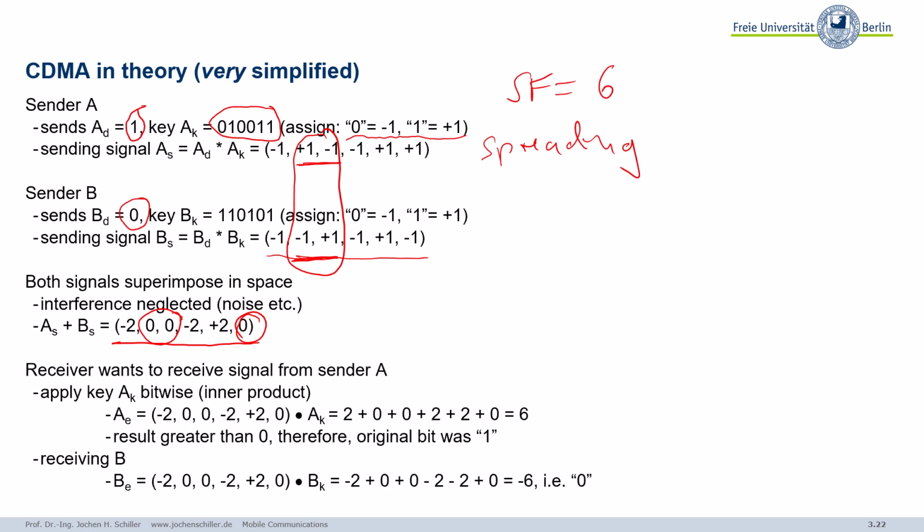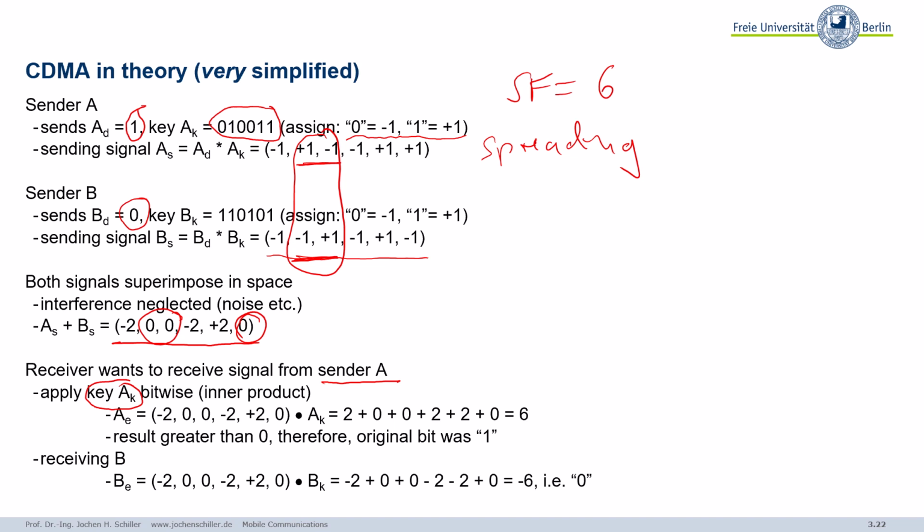Quite simple. Let's assume the receiver wants to receive the signal from sender A. The receiver has to know the key, AK. Now it calculates the inner product. That means you apply the key AK to this received signal. So we have our signal, inner product with the key AK.